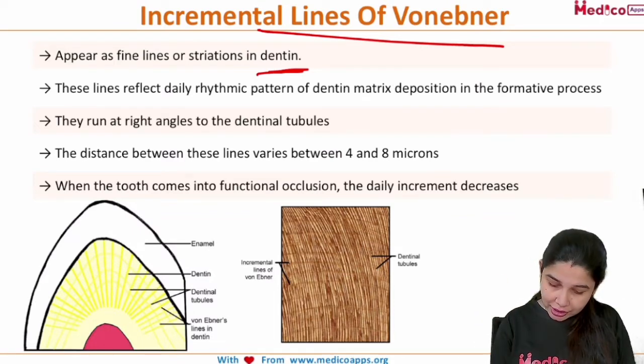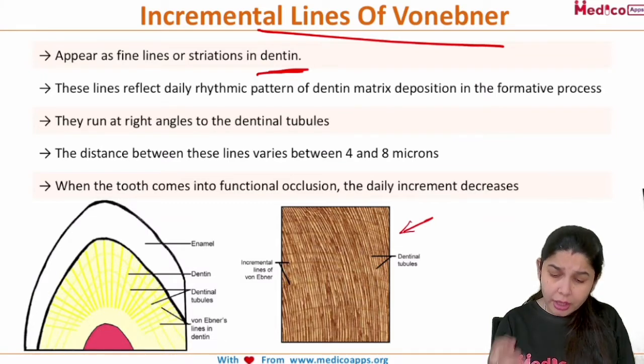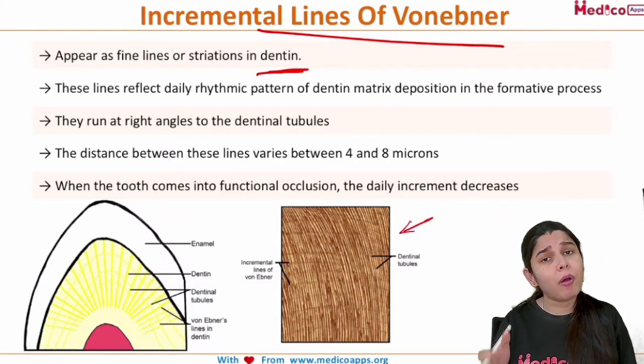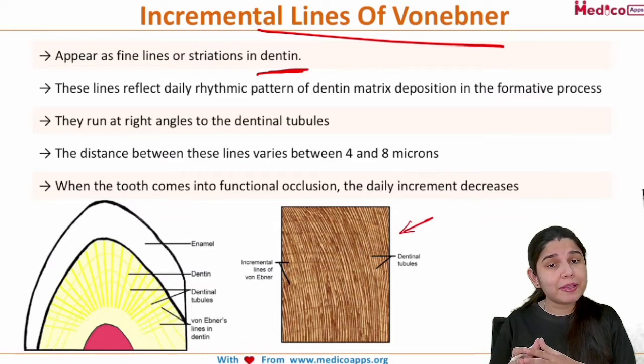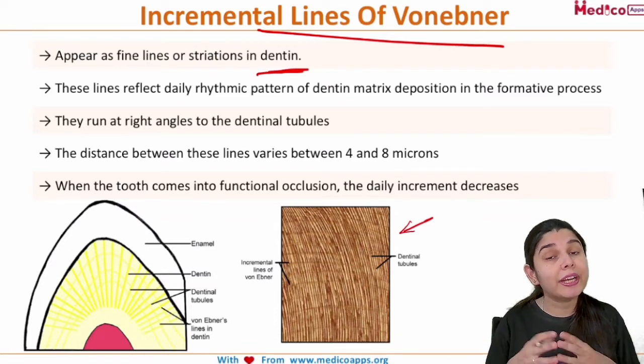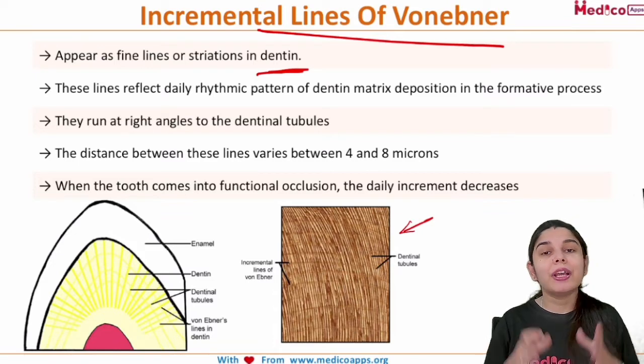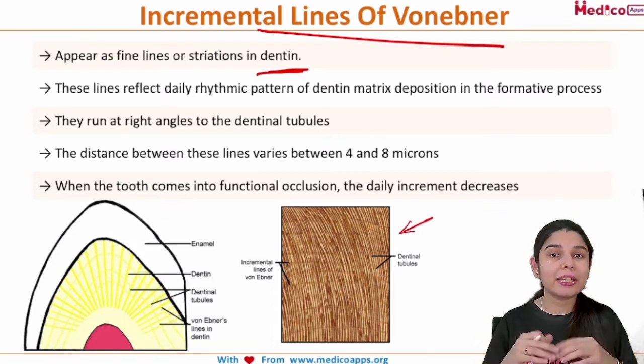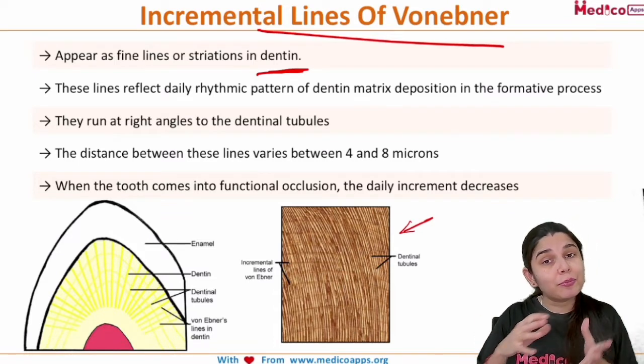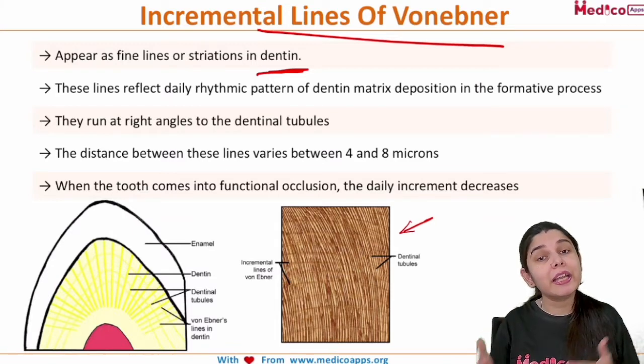As you can see in this image, the incremental lines of Ebner, to be very specific, are at right angle to the dentinal tubules. Dentinal tubules, as I have already told you, are a part of the dentin. These are tubule-like structures present in the dentin.